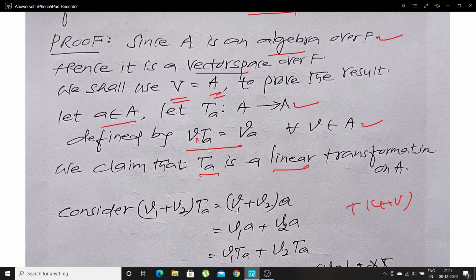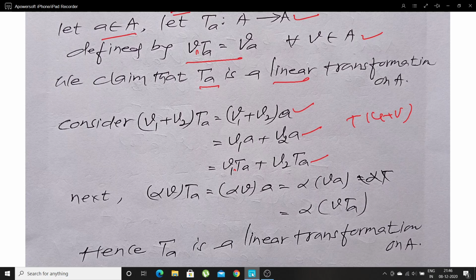That means the image of the sum of two elements, v1 and v2, can be written as (v1 plus v2) a. Again, this can be written as v1 a plus v2 a. Again, this can be written as v1 dot T_a plus v2 dot T_a. This preserves what? The vector addition property.